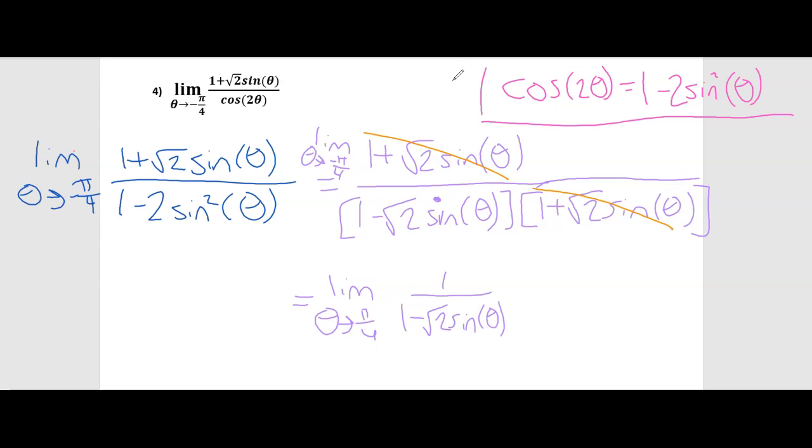Now if we use direct substitution, we'll be left with 1 in our numerator. In our denominator, we'll have 1 minus the square root of 2 sine of negative pi over 4. The numerator stays the same, and we get 1 minus the square root of 2. We already know that the sine of negative pi over 4 is equal to negative root 2 over 2.